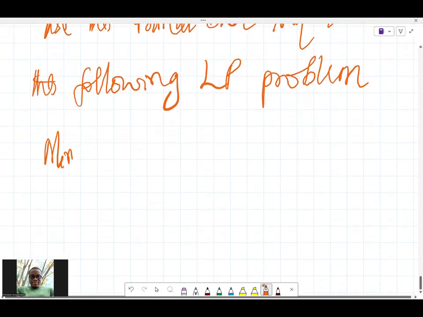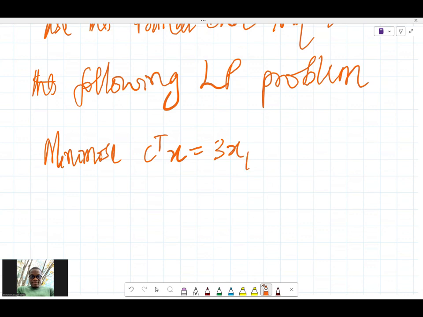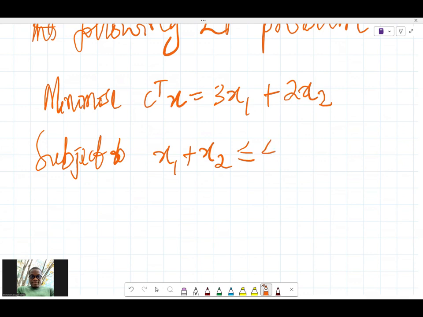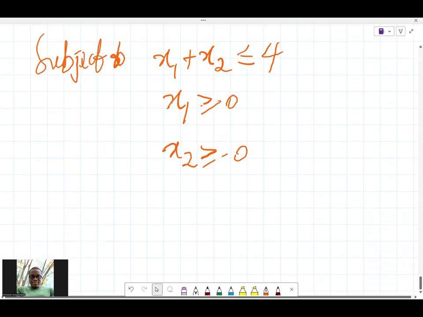That is to minimize C transpose X, which is equal to 3x1 plus 2x2, subject to x1 plus x2 less than or equal to 4, x1 greater than or equal to 0, x2 also greater than or equal to 0.